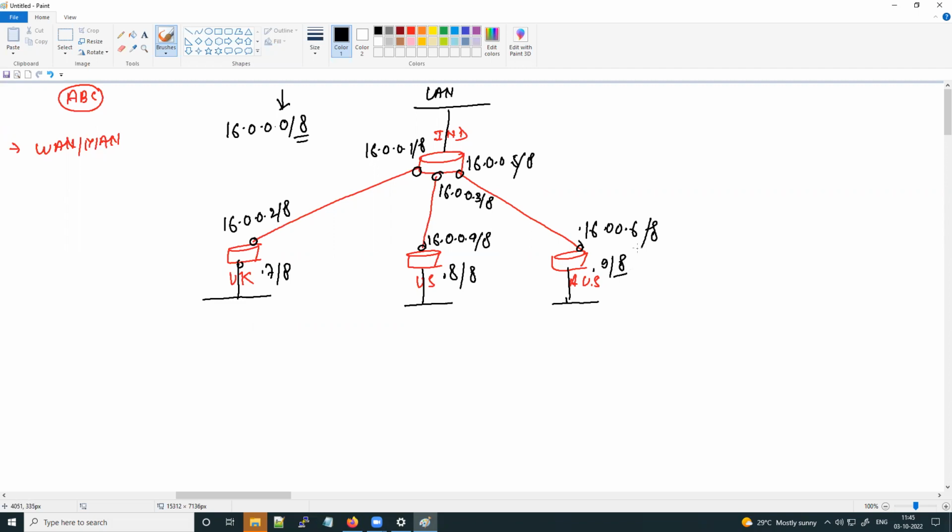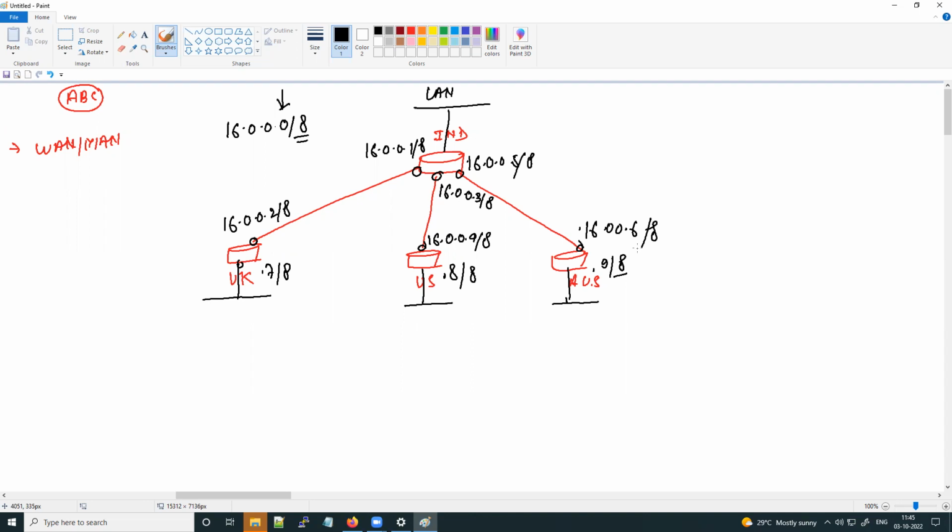If any organization is a very big organization that has multiple branch offices spread all over the world, or geographically they are separated and they want to have connectivity, they must be connected over the WAN and MAN technology. Over the WAN and MAN technology, if you want to connect, we have to use the IP address.